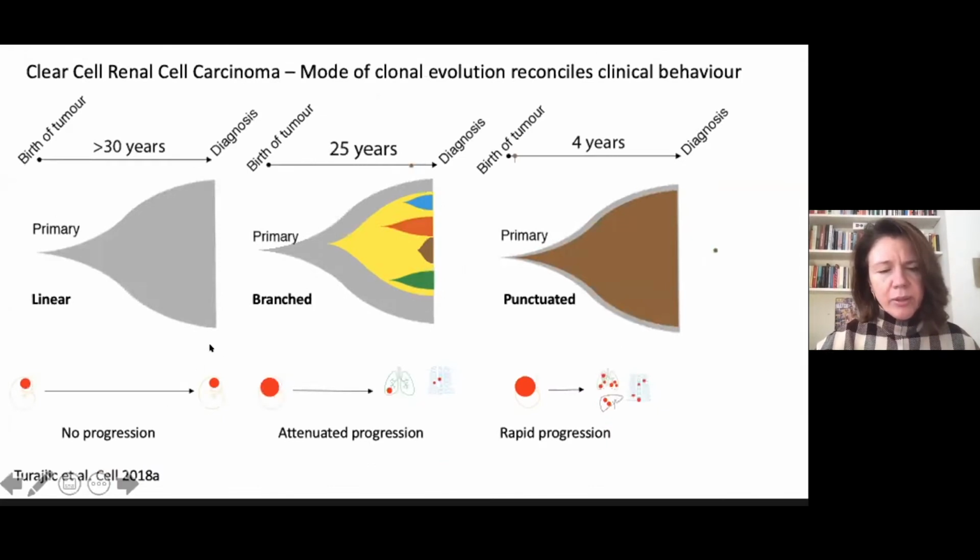So coming back to those clinical phenotypes that I mentioned to you earlier, we know that the primary tumors in this group grow to a large size, actually comparable size to these tumors, but just over much longer periods of time. So median here of 25 years and a median of 4 years here. And intriguingly, although these patients present with metastatic disease, it's often with a gradual course, starting at a single metastatic site.